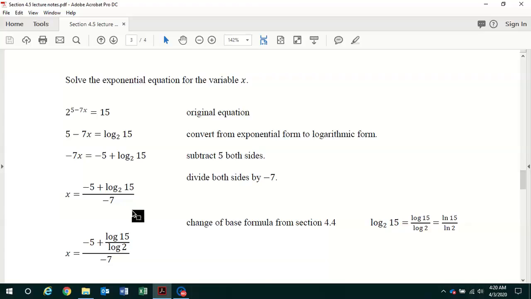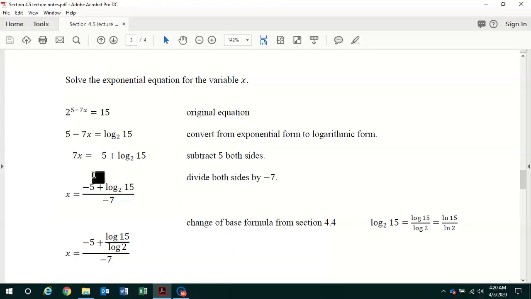But if you're like me and you don't have the software on your calculator, you have to use the change of base formula from section 4.4. And remember, the change of base formula uses either the common logarithm or the natural logarithm. And so log base 2 of 15 is equivalent to the common log of 15 divided by the common log of 2.